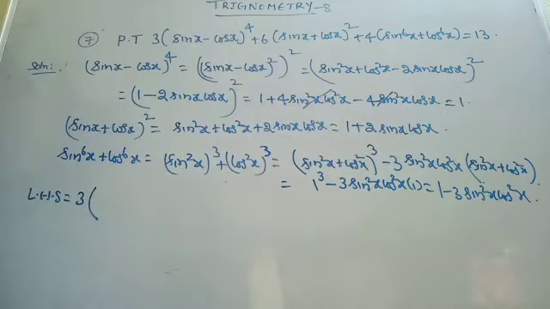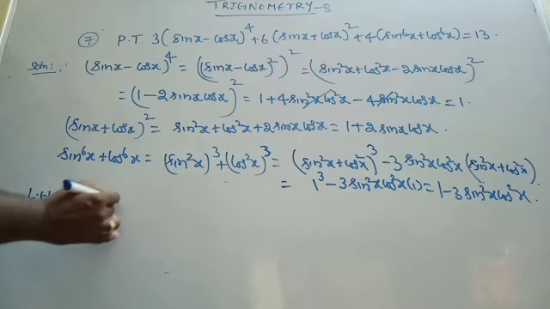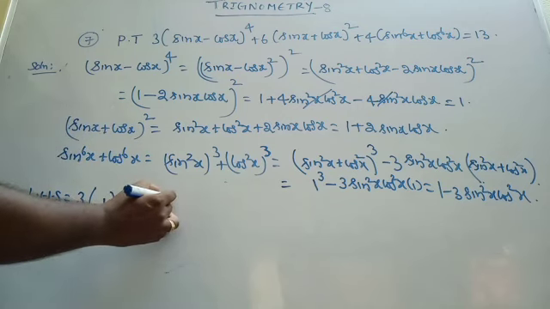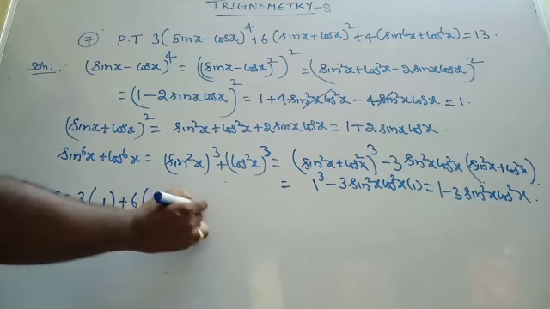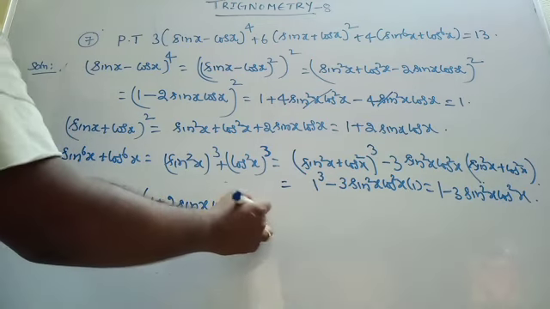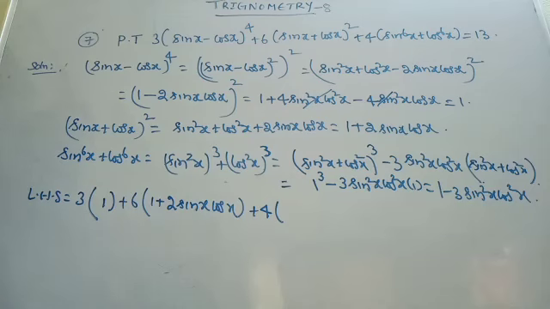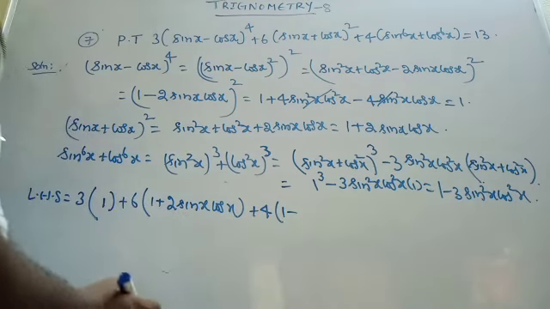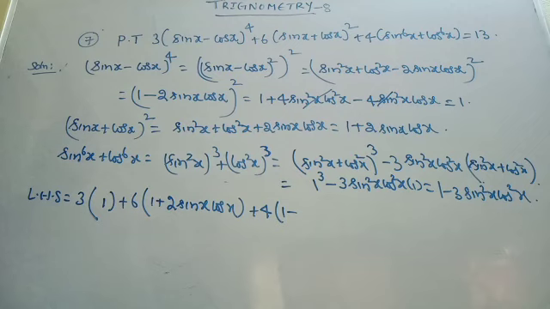Wonderful. This is 3 into 1 plus 6 into sin x plus cos x whole square, which is 1 plus 2 sin x cos x, plus 4 times of this, which is nothing but 1 minus 3 sin square x cos square x.